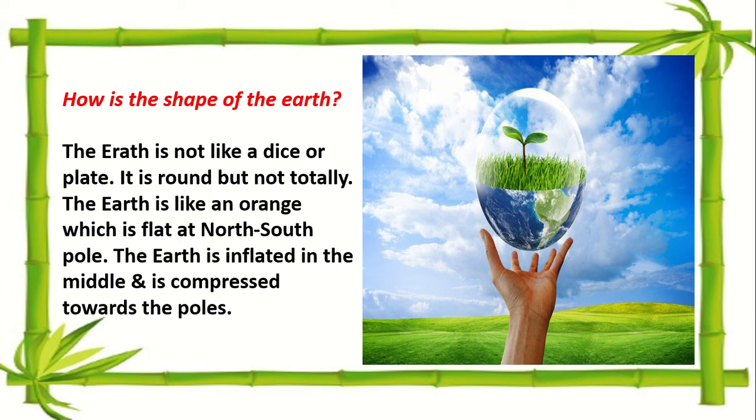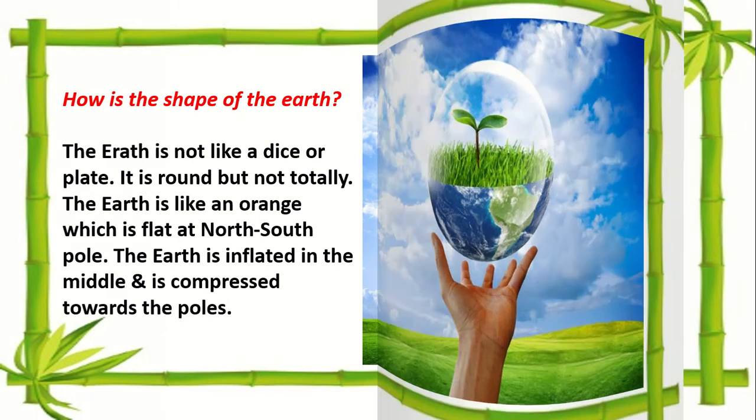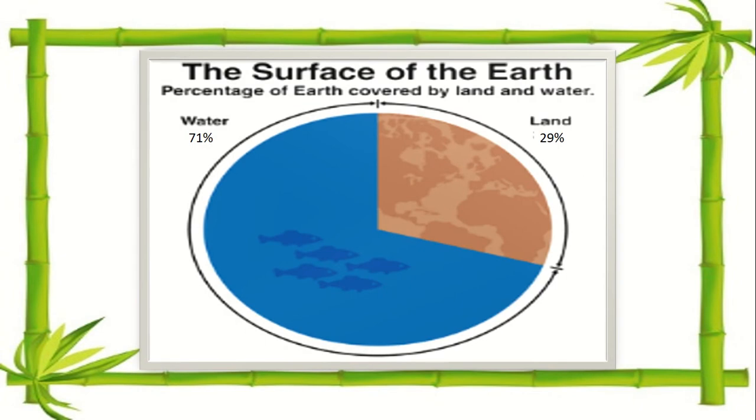So, how is the shape of the earth? The answer is given here. Now, you know the surface of the earth is 71% water and 29% land mass. This combinedly creates our earth surface. So, 3/4 of the earth surface contains water and only one part is covered with soil.